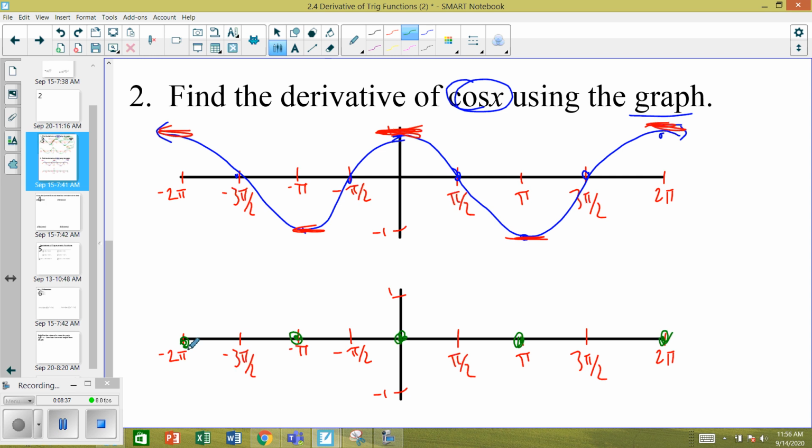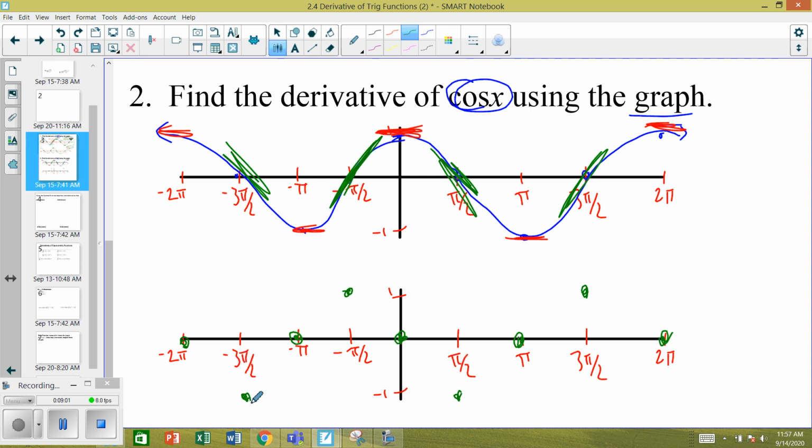And by the same argument as before, I know that the slopes right here in between the maxes and the mins, and again, we'll discuss more of this in warm-up, that those slopes are actually equal to 1 and -1. So 1 and -1. Here it's 1, so the slope is 1. Here the slope is -1.